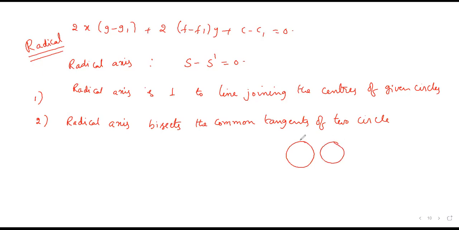Even for a direct common tangent the radical axis bisects it, and similarly for the transverse common tangent it will also bisect. So the second property is that the radical axis bisects the common tangents of the two circles.